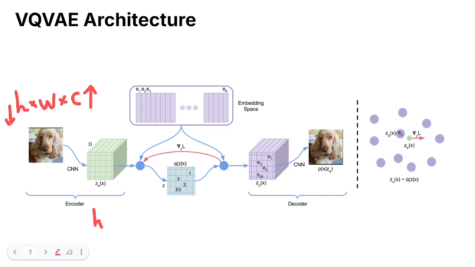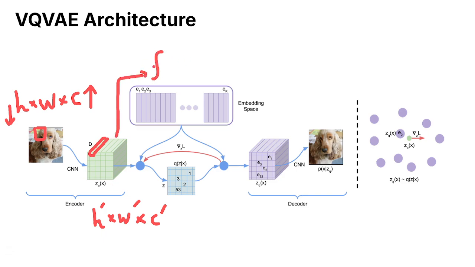So it should become something like an h prime by w prime by c prime. And we know that, let's say, this slice or this vector is capturing this part of the image and projecting here. So this is what we call a feature space. I have to keep in mind that this is called F, or the feature space.